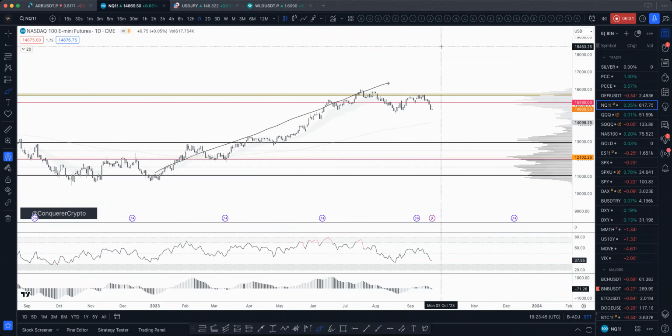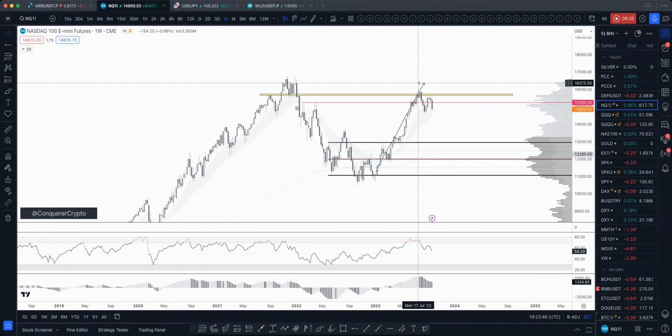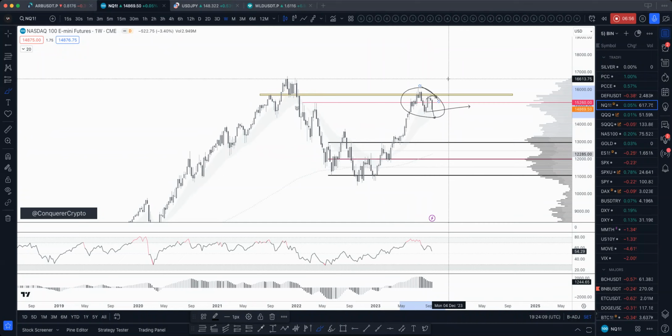So that's not good, basically. And if you look at it right now, if this weekly closes below this area, just a sec, below here, then this lower high would be confirmed also with this lower low. So that will be the first weekly shift.